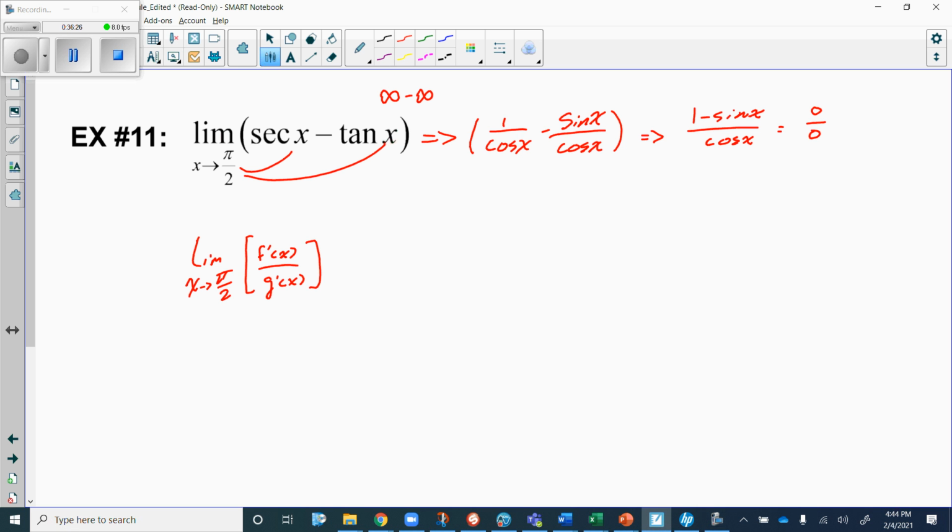So the derivative of 1 minus sine of x will be a negative cosine of x. And the derivative of cosine will give me a negative sine of x.